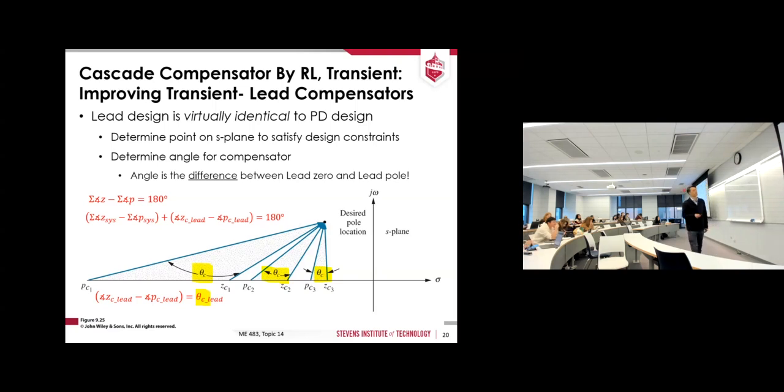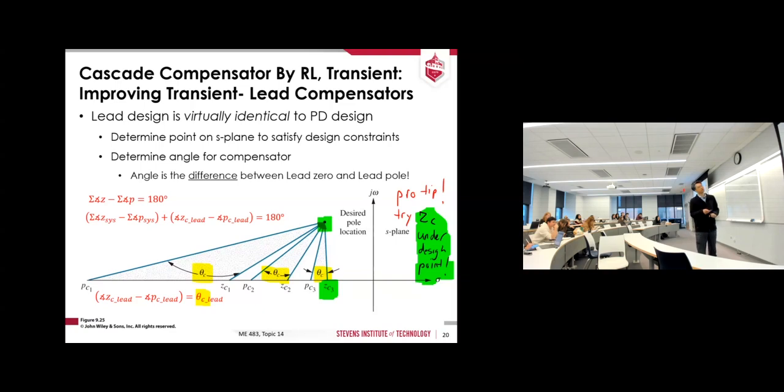Okay, so actually you can put it here. For example, you can decide to put ZC, which is the controller's zero location, under the design point, right? So that's 90 degrees, and then you can determine the PC because we already know 90 degrees and we know the other angles. Okay, that's one.